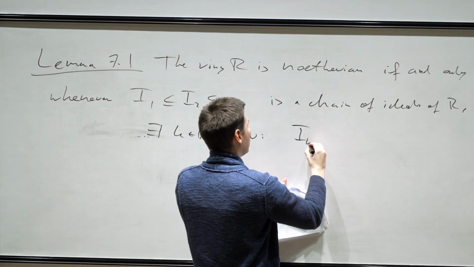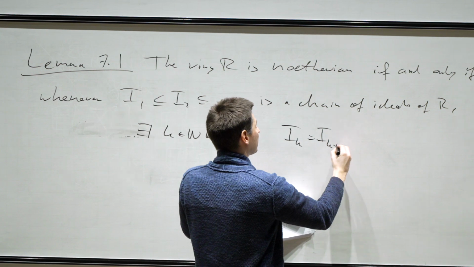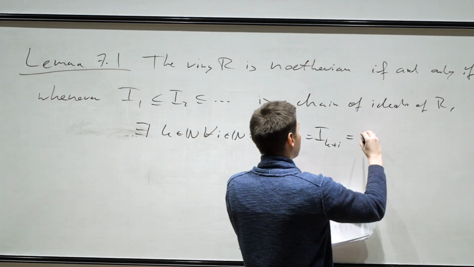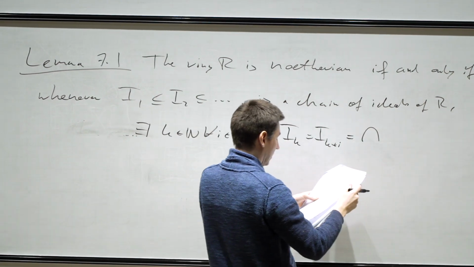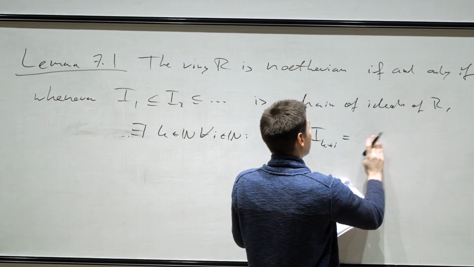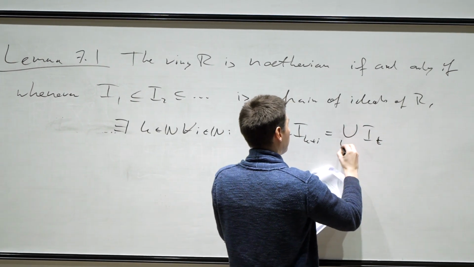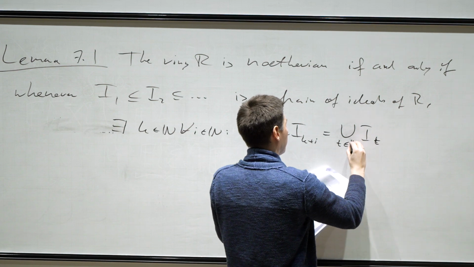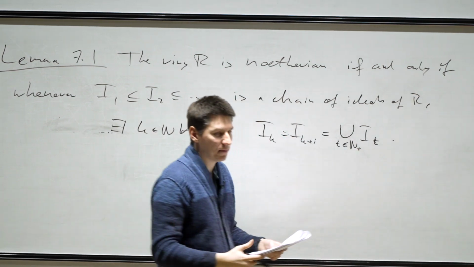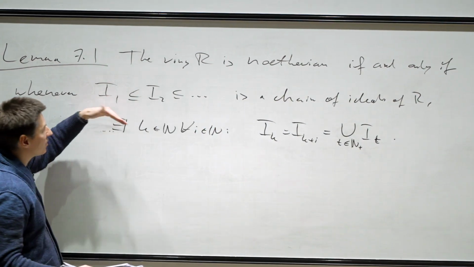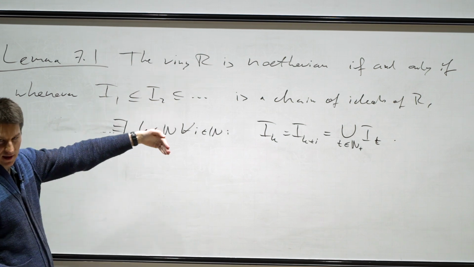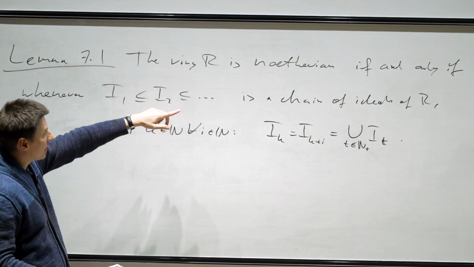So I_k is going to be the same as I_{k+i} for every i, and in fact, this is going to be exactly the same as the union of all of them, let's say T. If you take any growing chain of ideals, it will stabilize. That's the real definition of noetherianity.